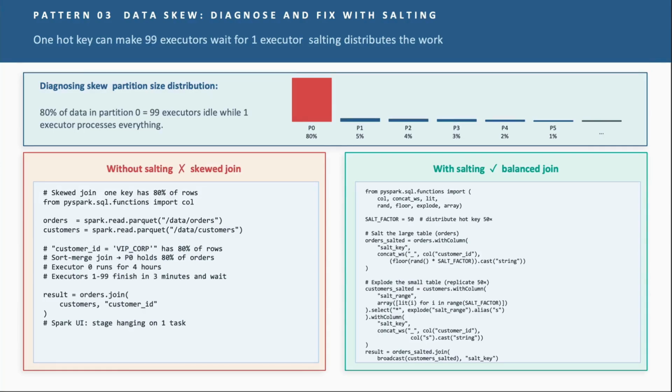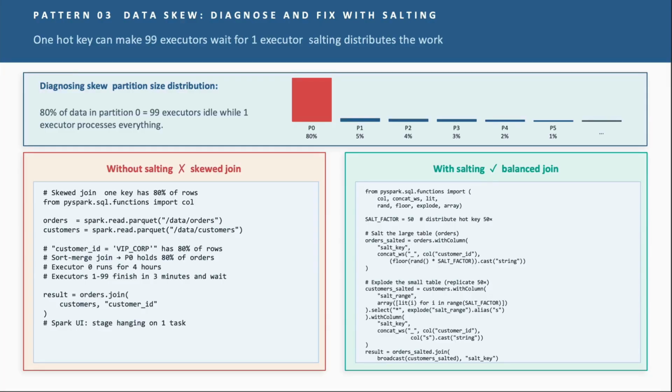Pattern 3, data skew. This is the hardest performance problem in Spark because it's invisible until you give it a look in the Spark UI. So look at the bar charts at the top. Partition 0 holds 18% of data. The remaining partitions have 5, 4, 3% and so on down to almost nothing.